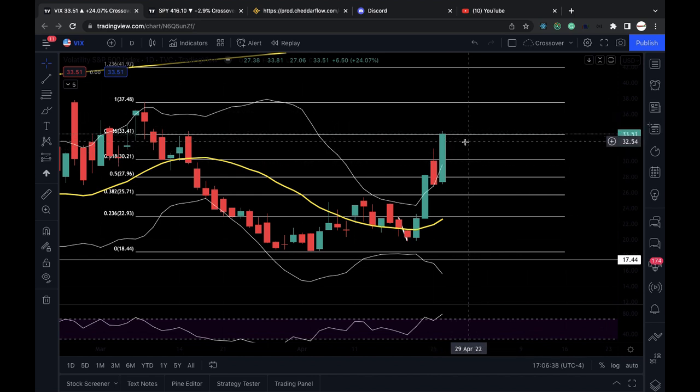Okay, the best time to turn bearish on any stock, ETF, even the VIX, is when we lose the support. So as of right now, it did clear 33.4 by a few cents, but it dropped. If it drops below that, because we are overextended, if it goes into base mode, 30.2 needs to hold. Below that we got 27.96 and 25.7, then back down to 23.